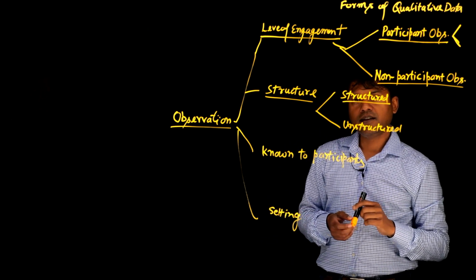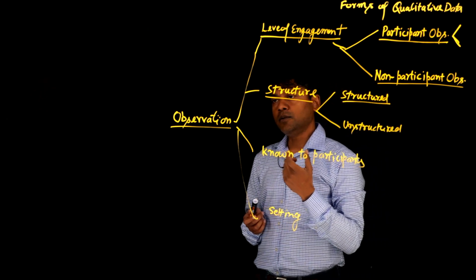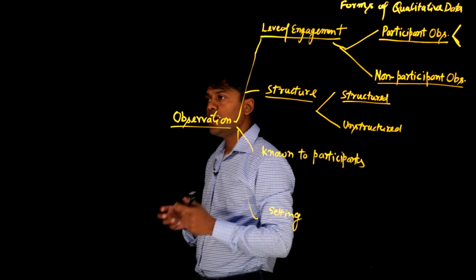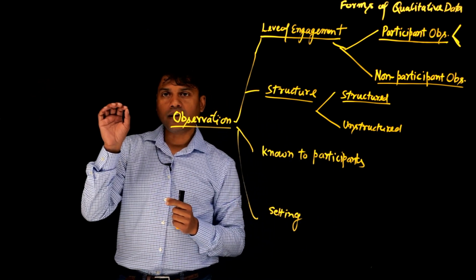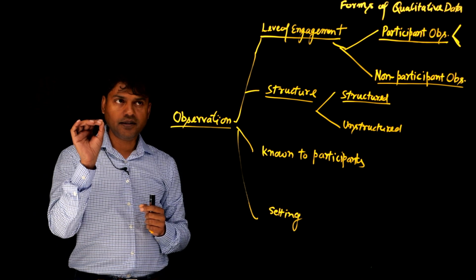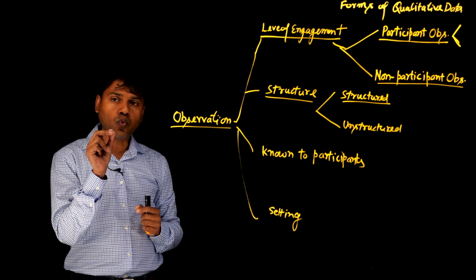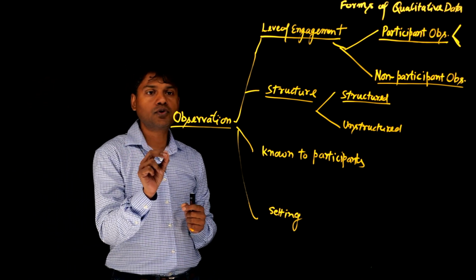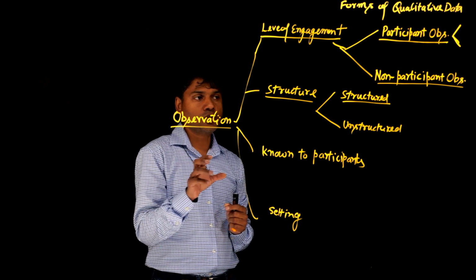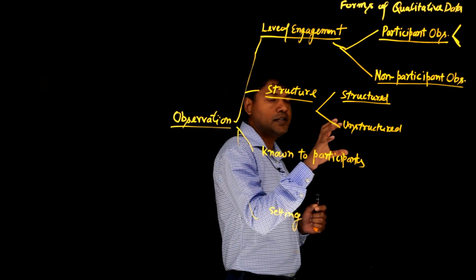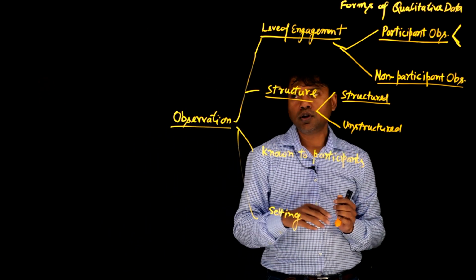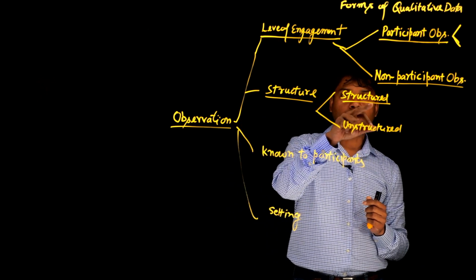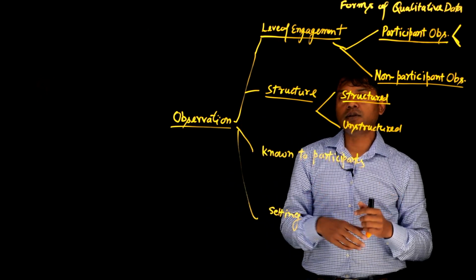So you see, in a structured observation, the researcher already has certain criteria, certain things that he or she wants to count, wants to observe. You have predetermined criteria on which you want your observation to be focused. So that's structured observation.